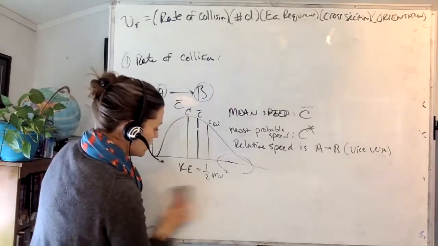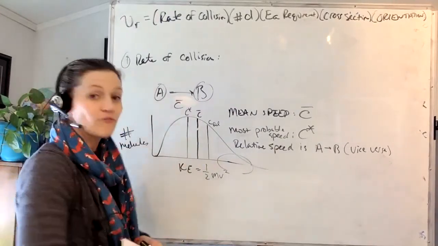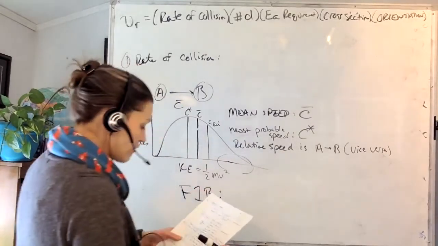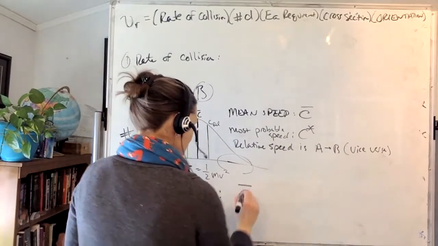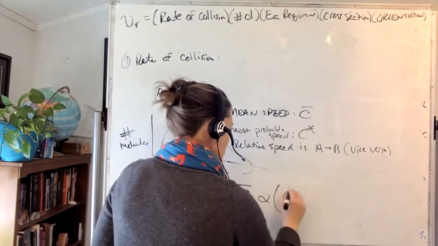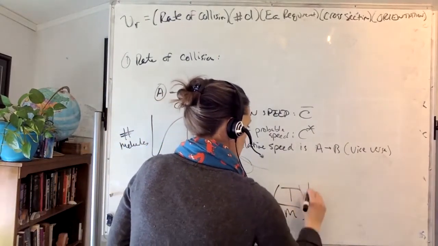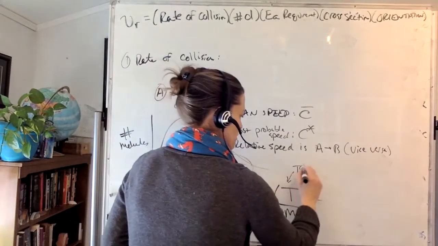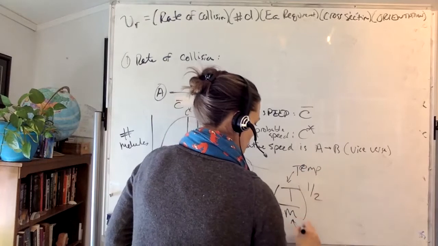Okay, so if you go back to focus 1B, you will find that C average is proportional to (T over M)^(1/2), where T is your temperature and M is your molar mass.